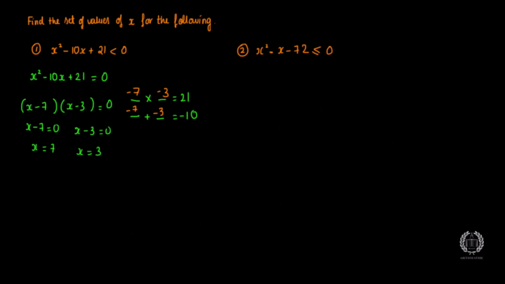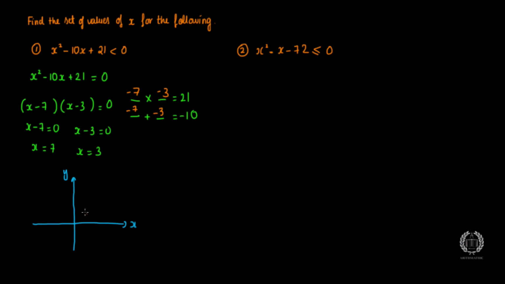Now if we were to draw the graph, is it 7 and 3? Yeah, 7 and 3. So now if we were to draw the graph again, this is our little y-axis and this is our x-axis, and let's use orange here.